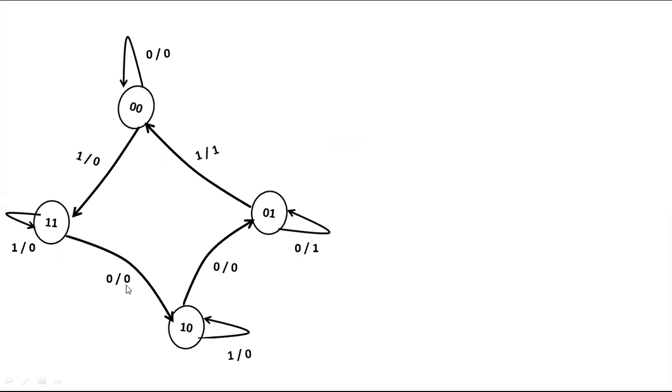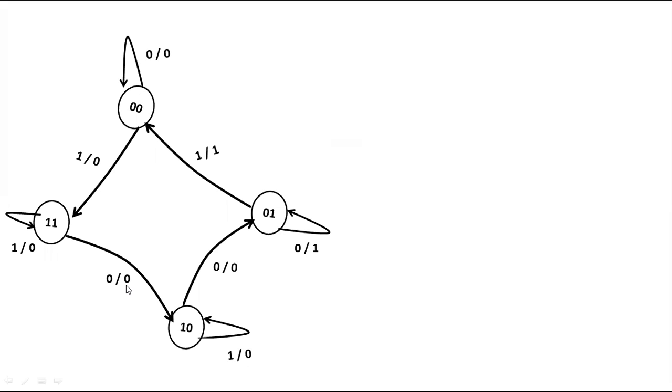Now this is our original state diagram, and we need to draw the Moore state diagram using it. To draw the Moore state diagram, what changes do we have to make? We have to remove the output and write it inside the state.